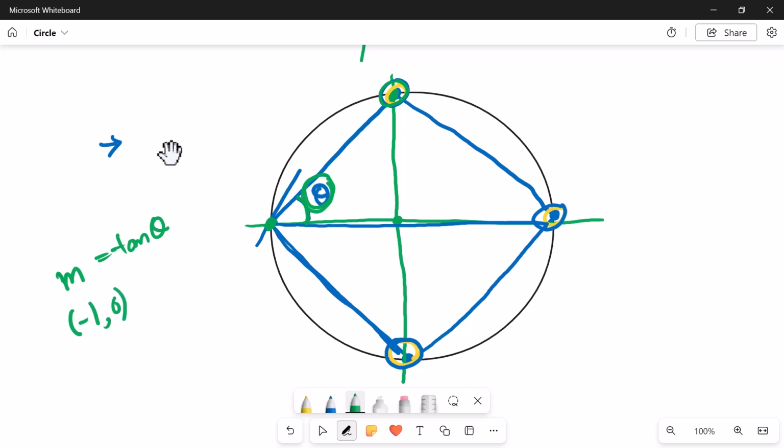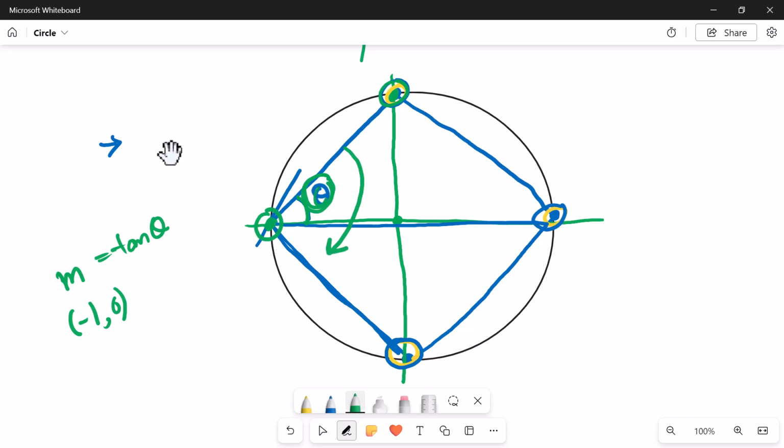0. So all of the lines that we'll be using to calculate the intersection points will be rotated about this point. All of these lines will rotate like this for specific angles.